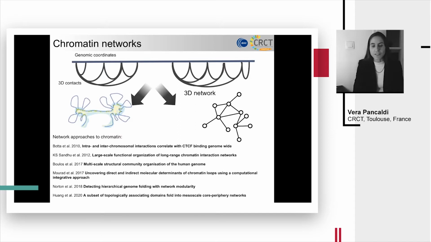So using networks to represent chromatin has become very common. So we see here an overview of methods from literally 10 years ago to the most recent, and I'm sure there's many more. This is just a summary. But basically, I'm going to try to convince you that it's a quite powerful way to actually describe what we have in these different types of data sets, whether they're from microscopy or more typically from Hi-C.